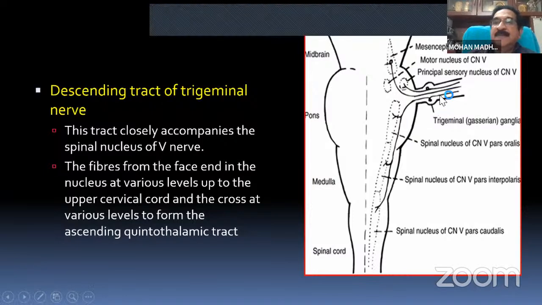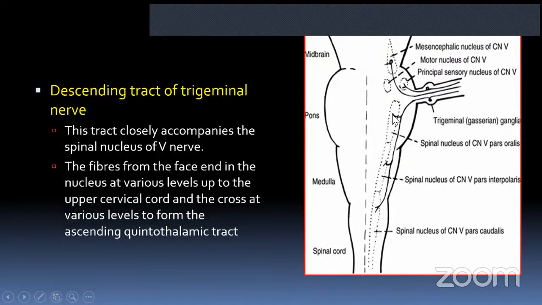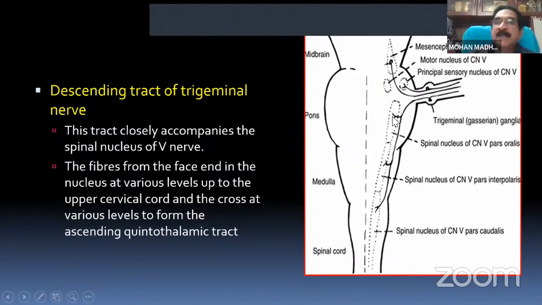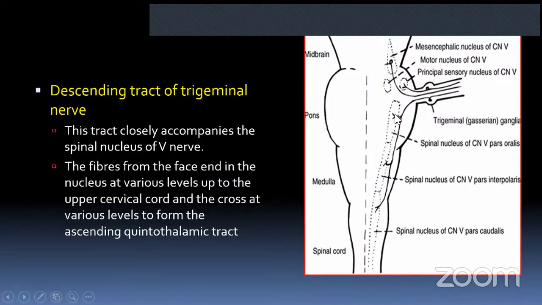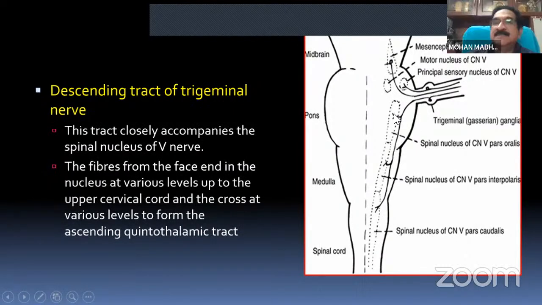The pain fibers from here descend down in the nucleus at various levels, one here, another one here, like that it descends. The fibers which end at the topmost are the fibers which come from the lower part of the face, in and around the mouth. The fibers which descend most down are the ones coming from the upper part of the face.